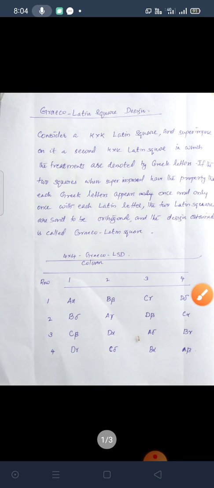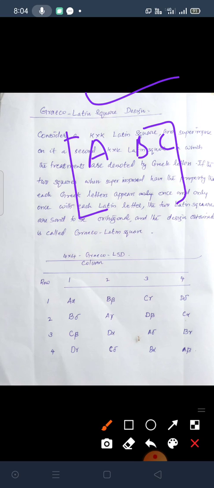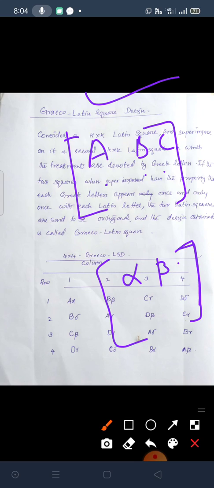So in summary, this is how we construct a Graeco Latin square. First construct a Latin square with Latin letters, and construct another Latin square with Greek letters of the same order, and superimpose it such that each Greek letter comes only once with each Latin letter, or they should be orthogonal.